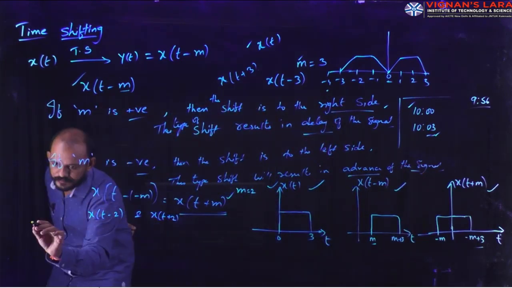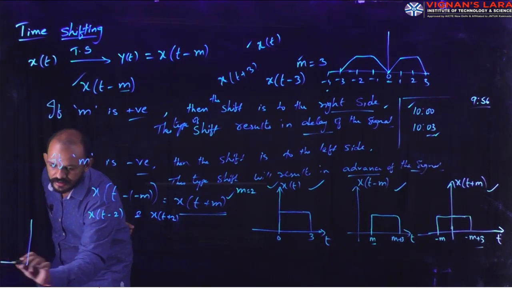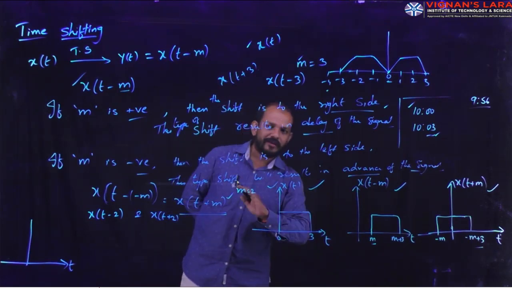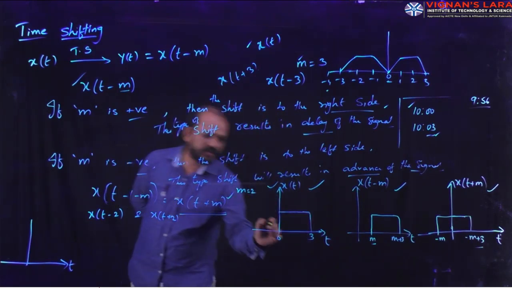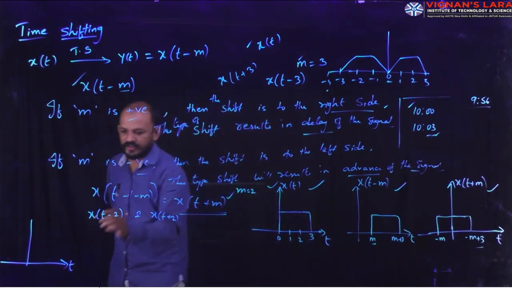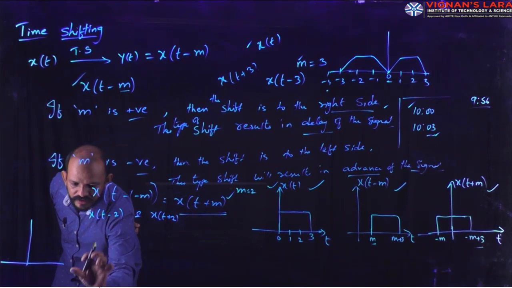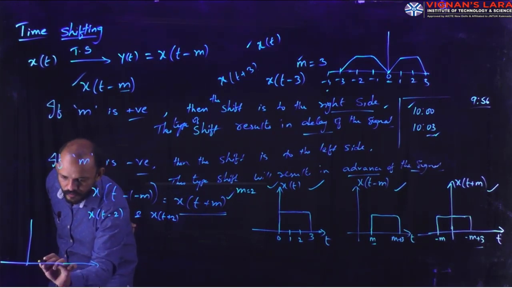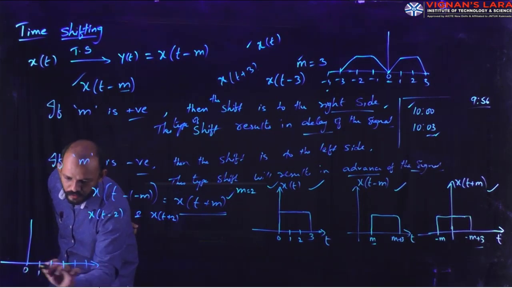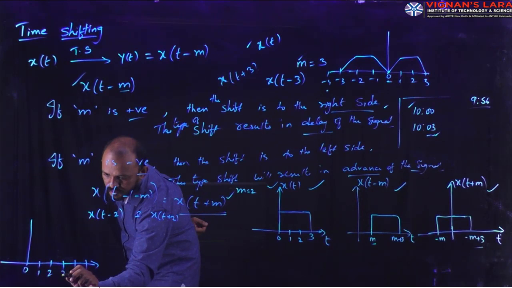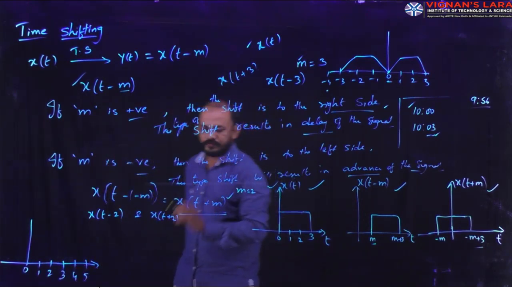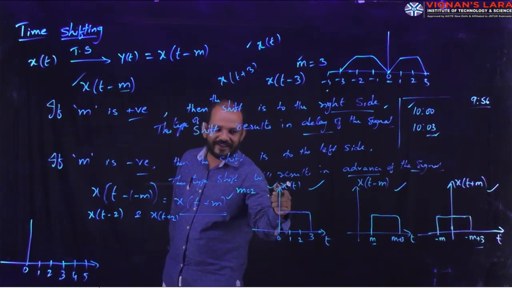So how will you draw it? Take this as t and move it to the right side by 2 units. This is 1, 2, 3. Now see here, 1, 2, 3, 4, and 5. See, 5 values. Now this is the x of t signal.